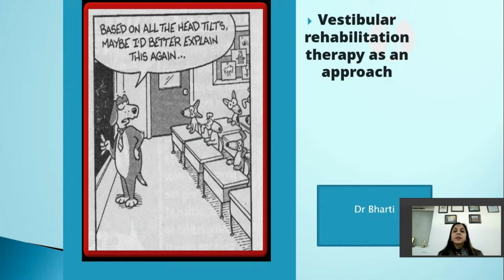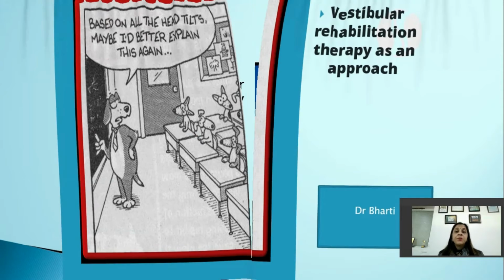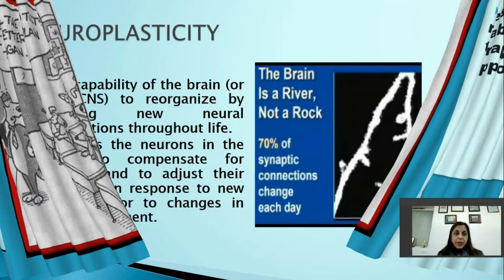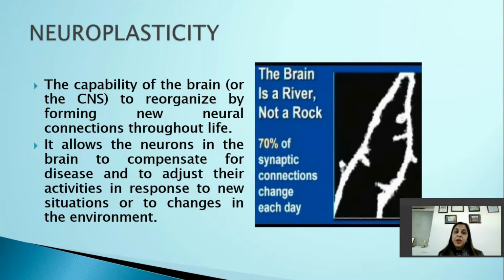Today, we will be discussing a very important part of treatment, that is vestibular rehabilitation therapy as an approach. So, what is the concept of vestibular therapy and how is it based? It is based upon neuroplasticity, that is the adaptation by the brain. It is the capability of the brain to reorganize by forming new neuronal connections throughout life.